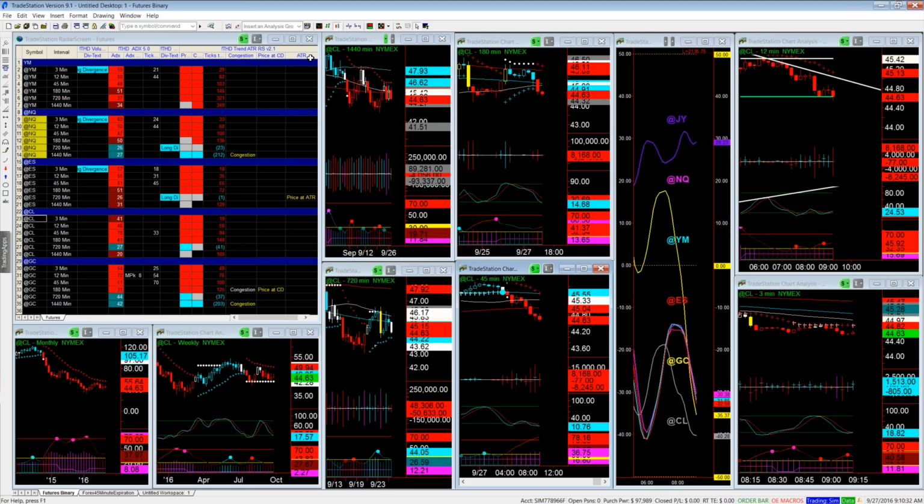You can also see right here at the ATR, the only thing you have at an ATR is the ES, and that's on the 720. And this is telling you there's just no entry points right now.